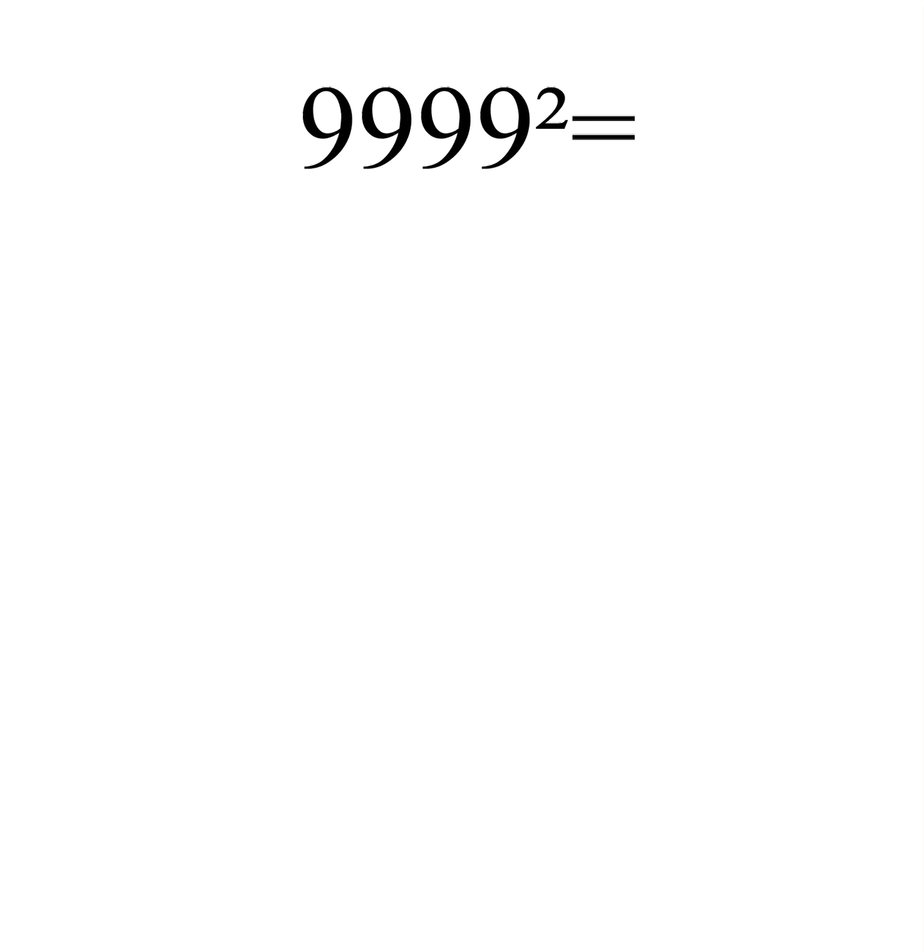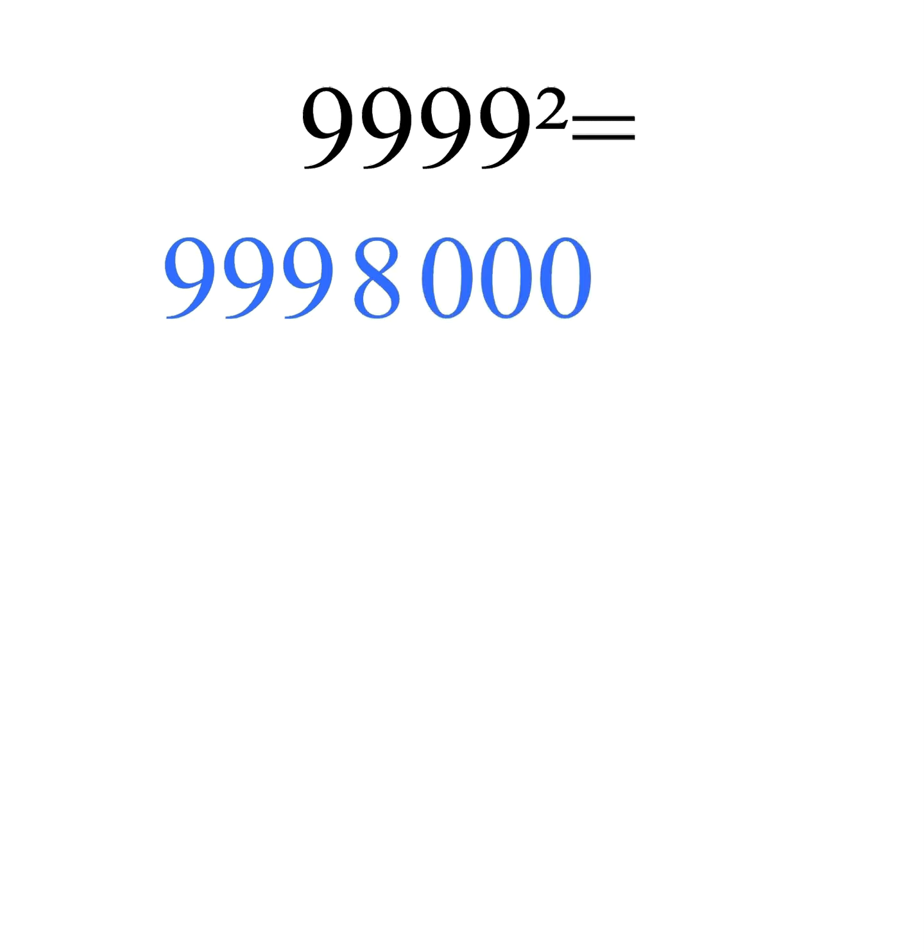Okay, now we decrease it by 1. So 4 minus 1 equals 3, and we write down 3 9s here. Then we write down an 8, then 3 zeros, and finally a 1, and we're done. This is the answer.